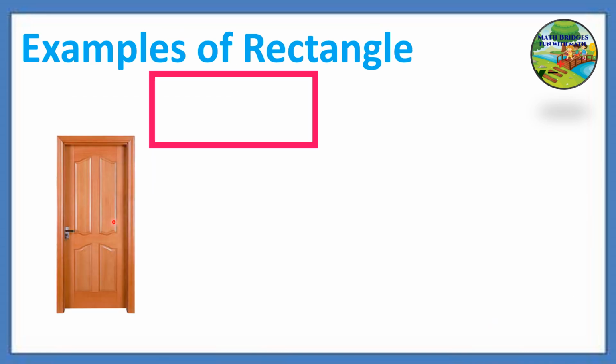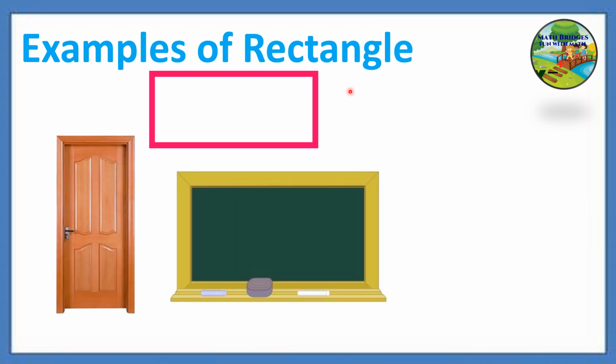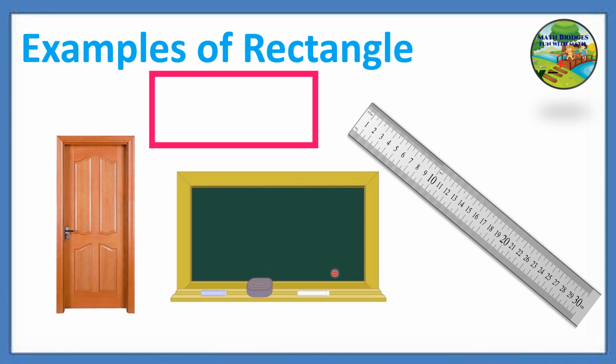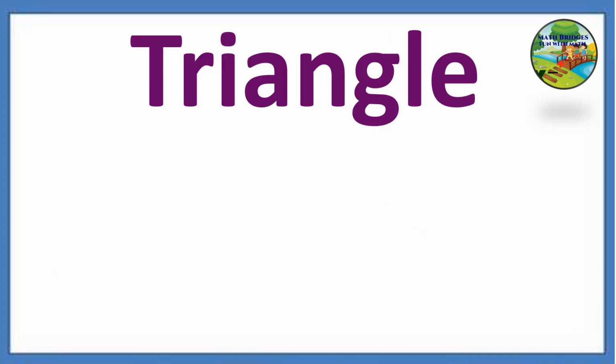Some examples we find around us of plane shaped rectangle: a door, board, ruler, and you can recall some other examples. Look at your surroundings and note down the different rectangle shapes you find around you.